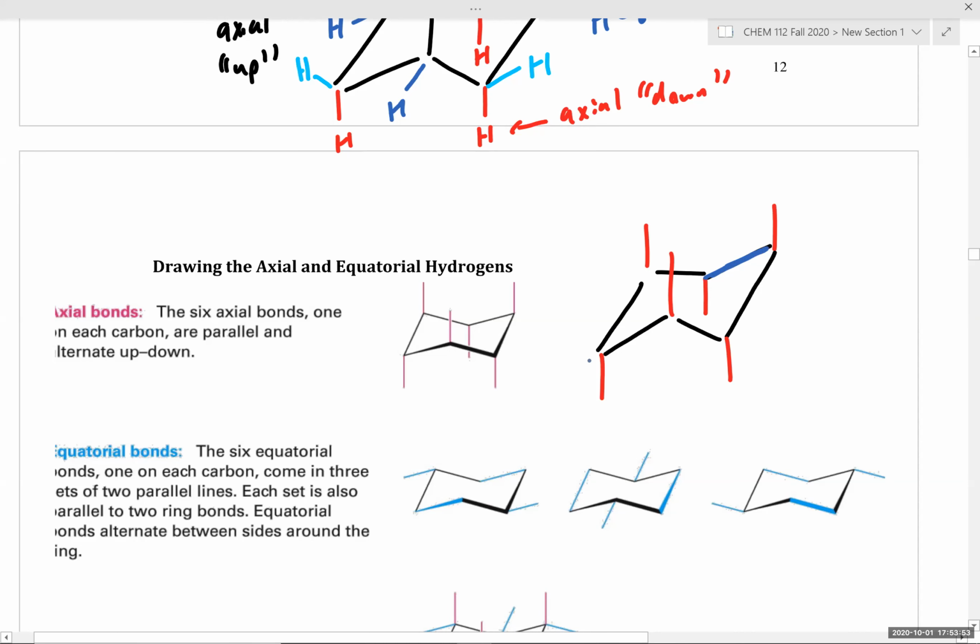So we have one of our carbon-carbon bonds, and in turn, we're going to draw our equatorial hydrogen parallel to that carbon-carbon bond. One shortcut, one method that I like to use is to remember that if I have a substituent pointing up, the other substituent must be pointing down.